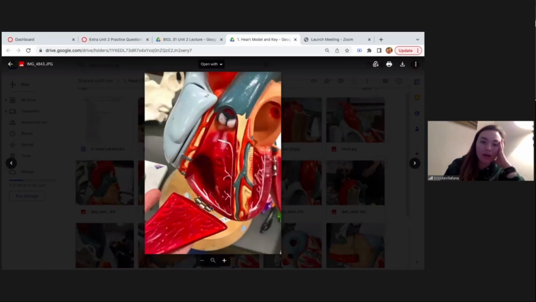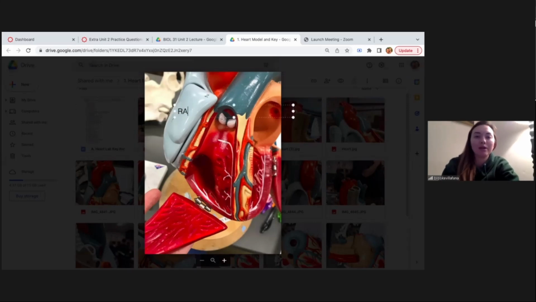So right here at the top, this is going to be our right atria, right? And then do you see the little folds here? That's our auricle on the right side. Oh, sorry, technically it's up here, the auricle. It's not down here. It's that little pointy thing.